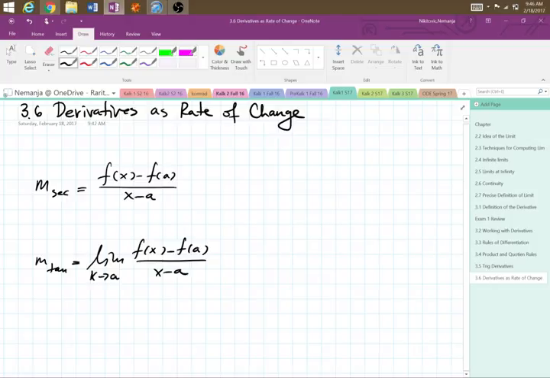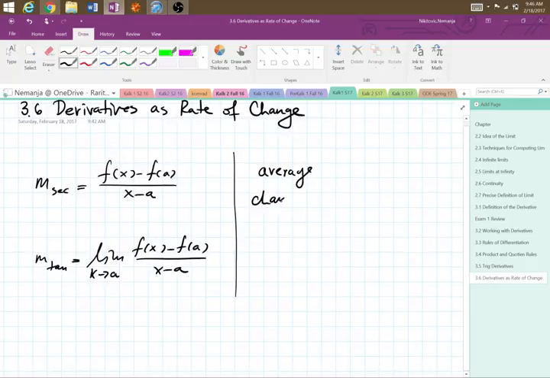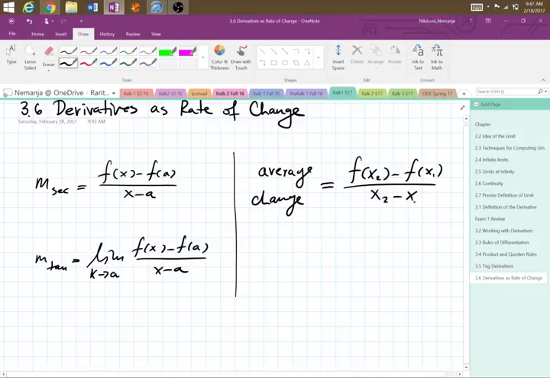So now we are going to look at this and say, in terms of calculus and applications, we actually have the average change, which is going to be (f(x2) - f(x1)) / (x2 - x1). This is literally (y2 - y1) / (x2 - x1).